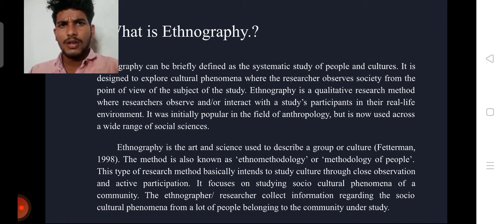It is also known as ethnomethodology, or methodology of people. This type of research intends to study the culture through close observation and participation. It focuses on socio-economic and cultural phenomena of a community or culture.